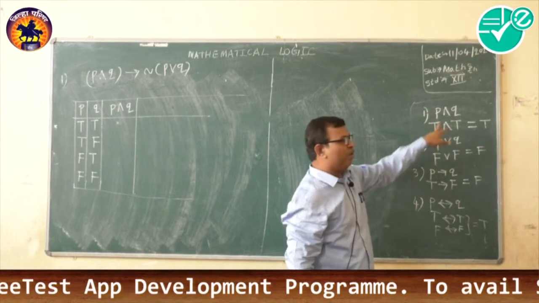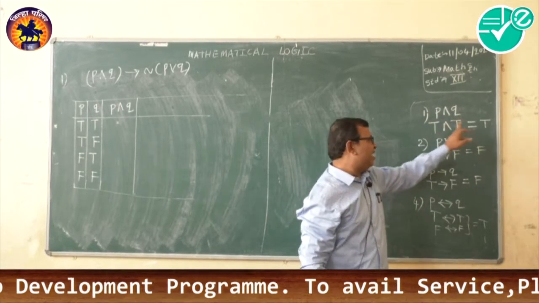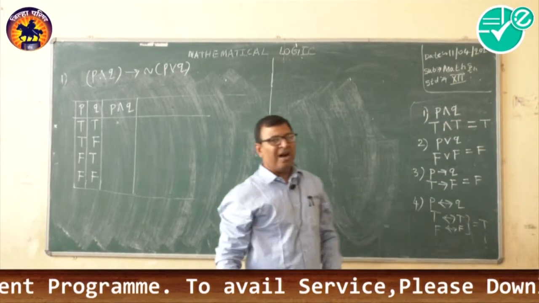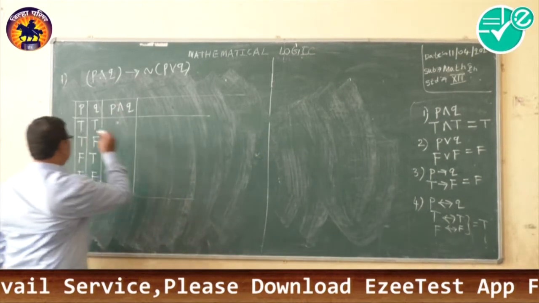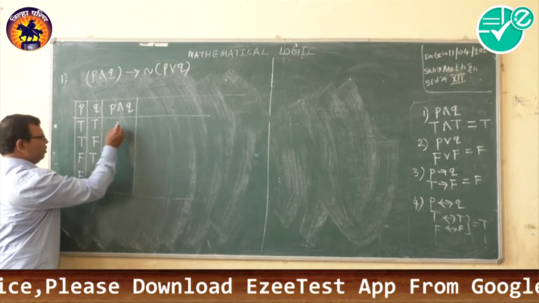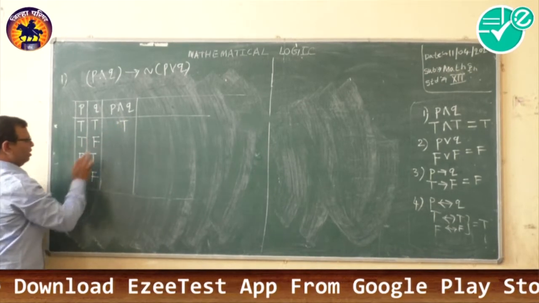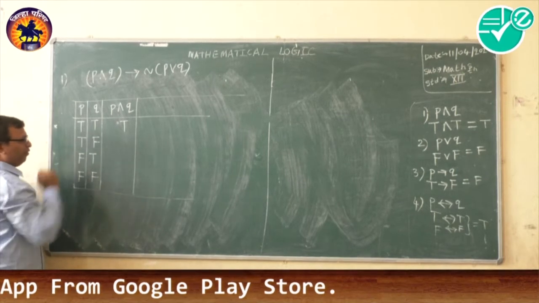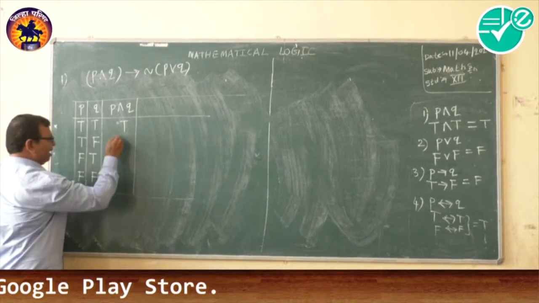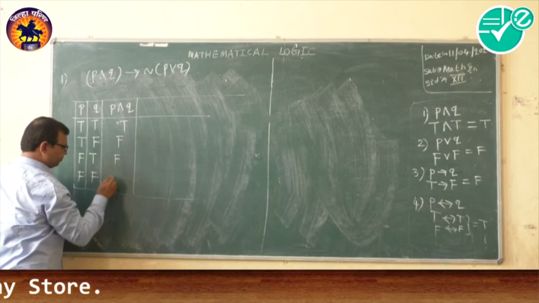If P is true and Q is true, then and then only it is true. Otherwise, all are false. Here it is true, true, so this is true. There are no other cases with both true in P and Q, therefore all of them are false.